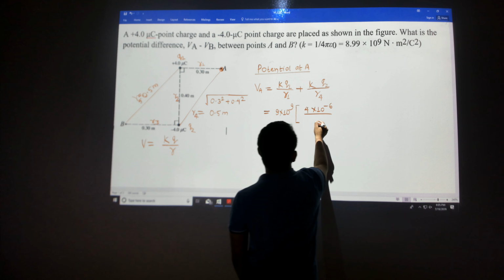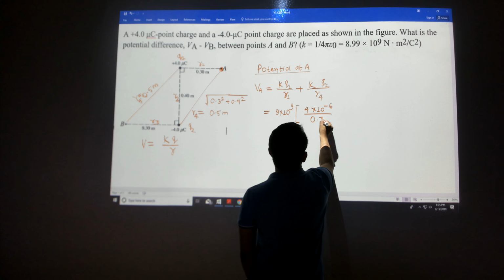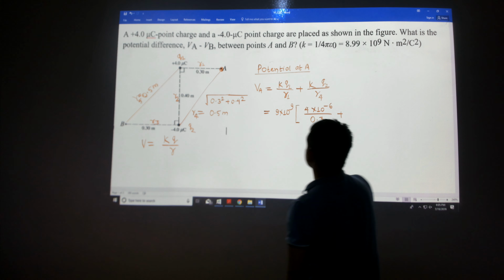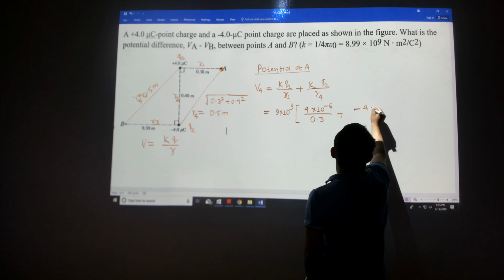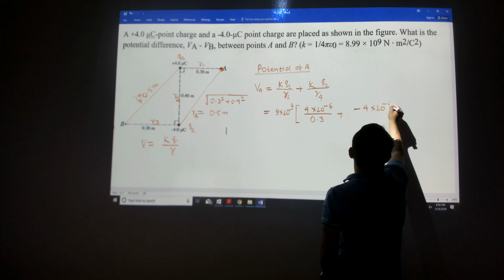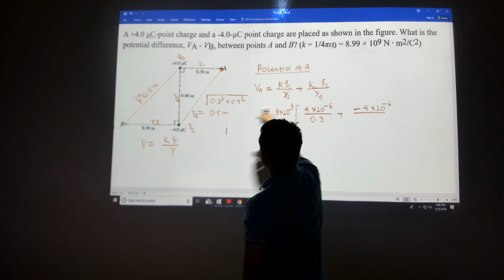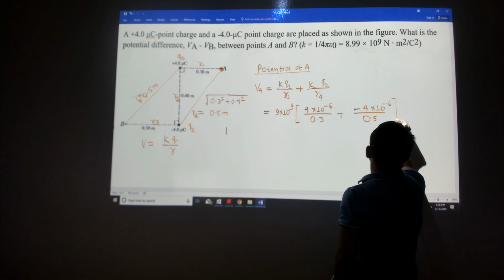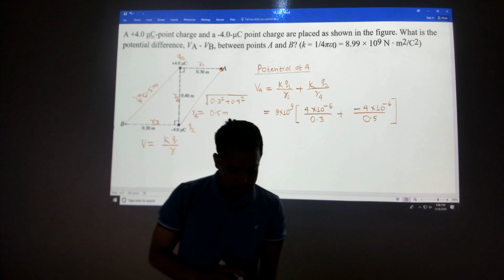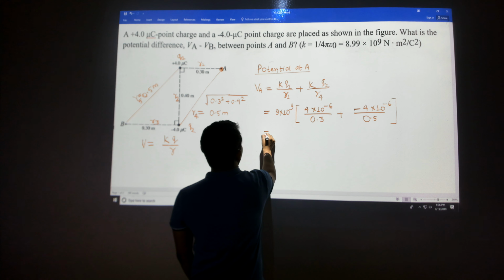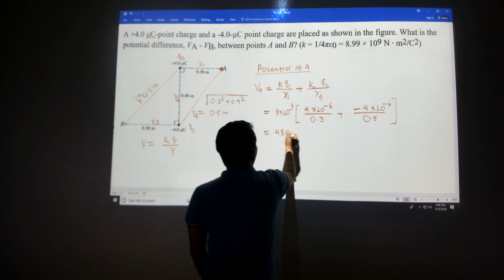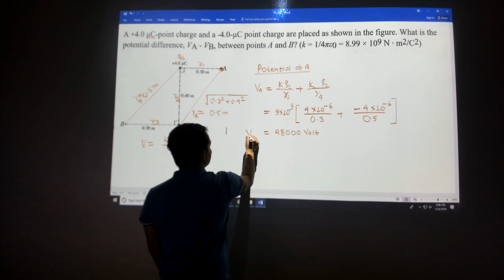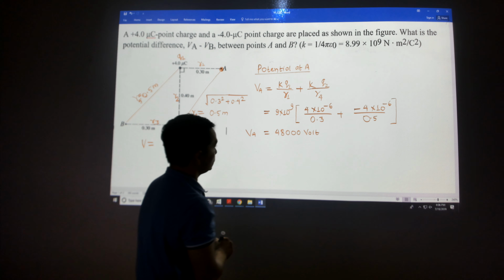The R1 distance is 0.3 meter, plus Q2 is minus 4 microcoulomb, minus 4 times 10 to the negative 6, and R4 is 0.5 meter. So when you do this math, the number you'll get is 48,000 volt. That's the potential at point A due to charges Q1 and Q2.